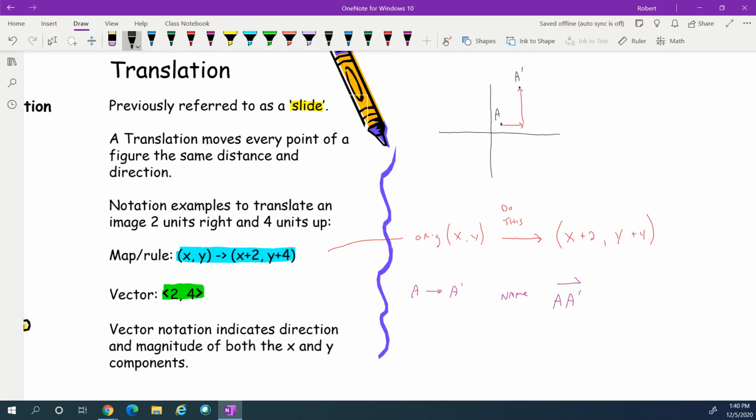If we had point B move to point C, then the vector would be named BC with a half arrow. And in that case, the value of it would be some negative number because it went left, and some negative number because it went down. And we could literally just count it if we were on the coordinate plane.